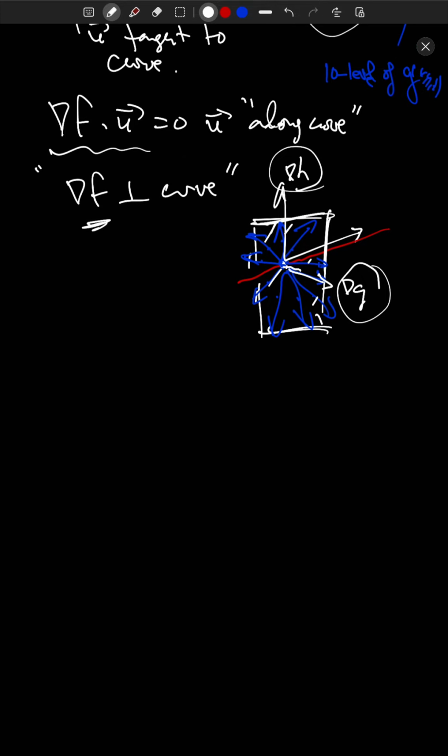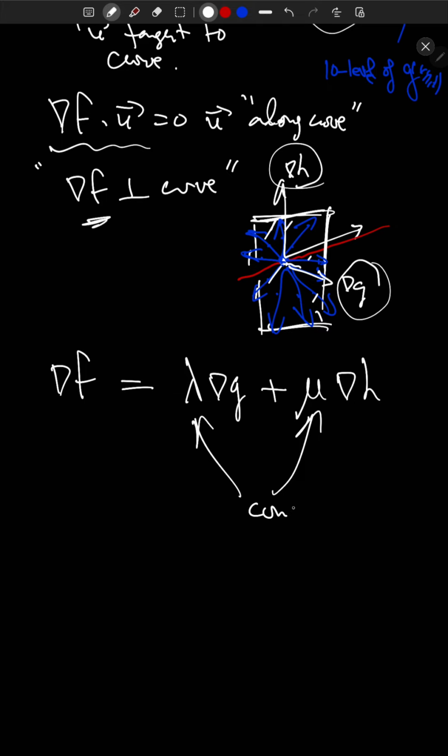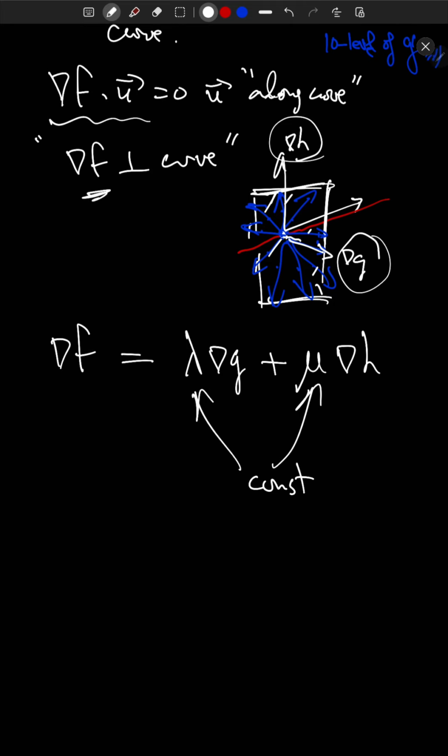And so what we actually need to solve is gradient f equals a linear combination of gradient g and gradient h: lambda gradient g plus mu gradient h, where now we have two multipliers, lambda and mu.